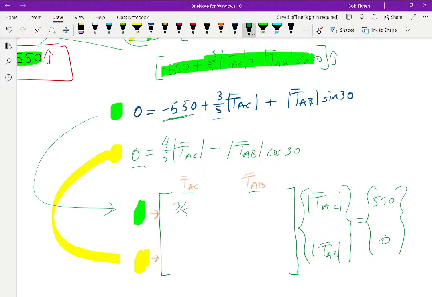The coefficient of TAB in the green equation is sine of 30. Now I go to the yellow equation and look at the coefficients of the TAC there, move over to the coefficients of the TAB in the yellow equation.